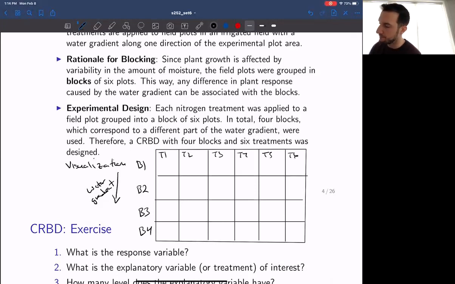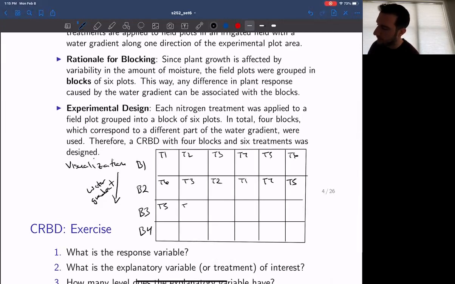And then we can randomize these across the block. So maybe we have T6, T3, T2, T1, T4, T5, something like this. Again, it's randomly applied, so you can just write whatever you want here.